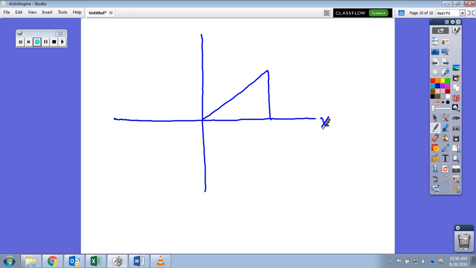Well, sine is opposite over hypotenuse. Imagine this stick lowered all the way to 0 degrees. This stick is gone, so 0 over, say, 1 if it's a unit circle. So sine of 0 is 0.